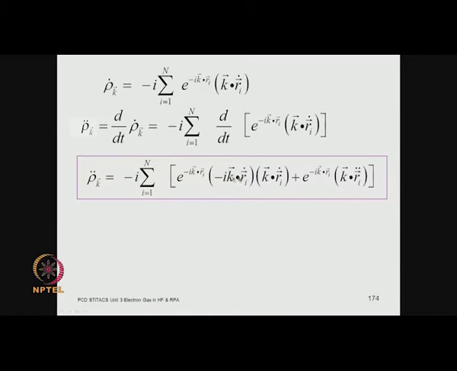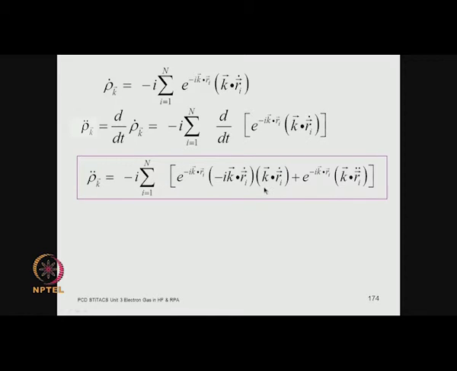So, you have got the time derivative of the first term, which is e to the minus i k dot r_i times the time derivative of the exponent, which is minus i k dot r_i dot, right. And then the second term has got the first term times the time derivative of the second, which gives you the acceleration of the ith coordinate.